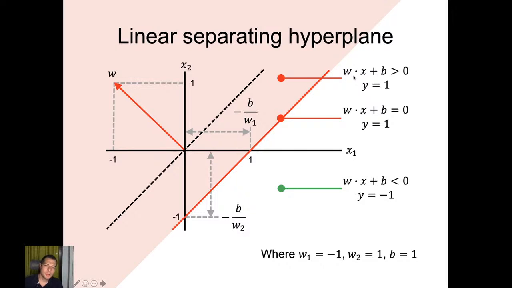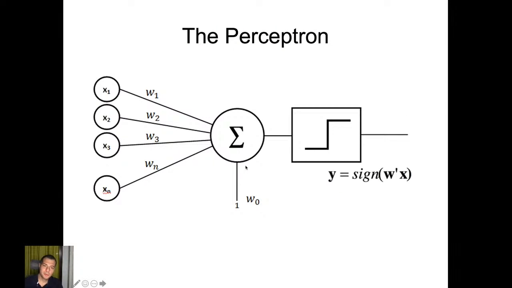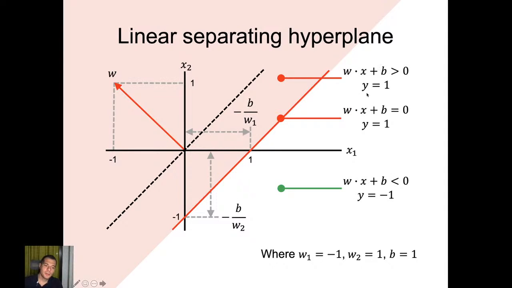Also here in this slide, I'm using another term for W0, which is B. This term is called bias, which is why it's usually denoted with B. If you think of the equation for the 2D case, you will figure out that W1 times x1 plus W2 times x2 plus B is similar to the equation of a straight line that passes through the points with components x1 and x2, and the parameters of the line are W1, W2, and B.